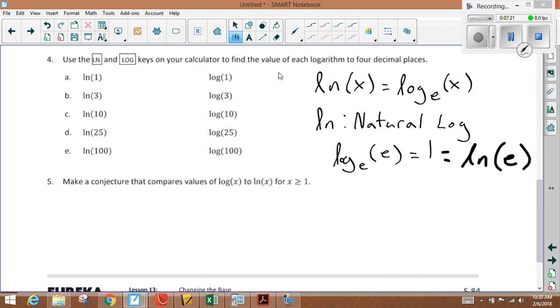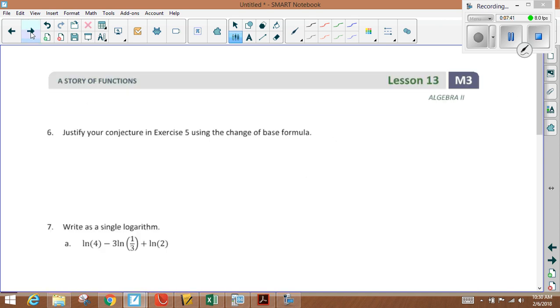I don't want to insult your intelligence there. Let me show you how to push a button. Push the LN. Push the button. We're good. Okay. We are able to make a conjecture about this, about comparing log base 10 and log base e, but that's not necessary for us. Okay.